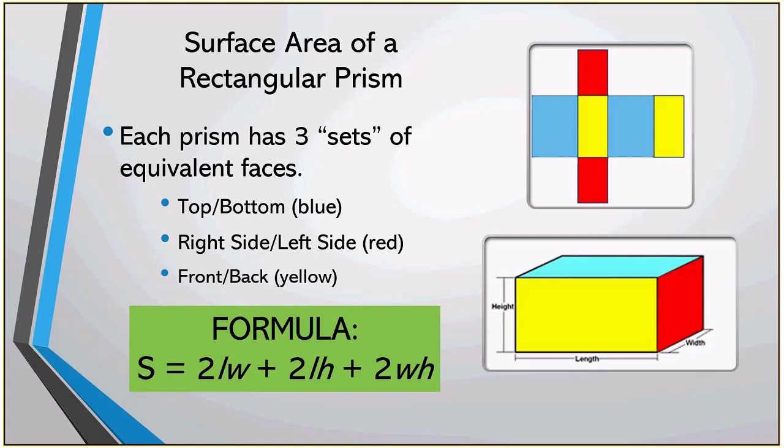So you're basically taking length, width, and height, and multiplying 2 of them together, every combination. So length times height, and then width times height. There are 3 different combinations using 2 of those measurements. And then we double it. The 2 in the front, the doubling comes because there are 2 of them. There's 2 blue, 2 yellow, 2 red.